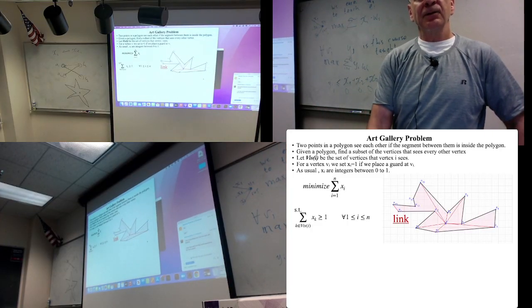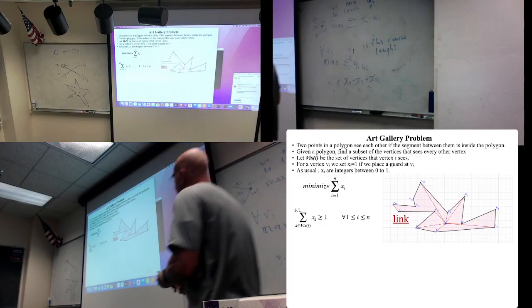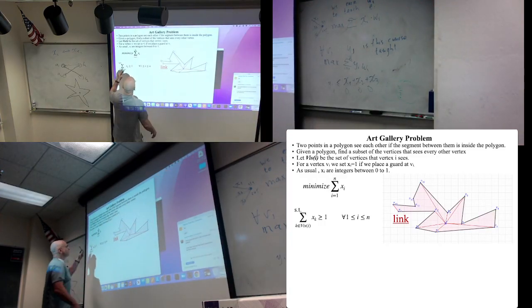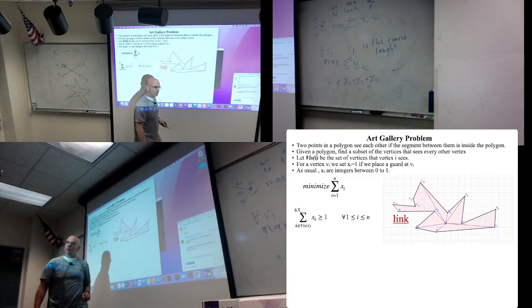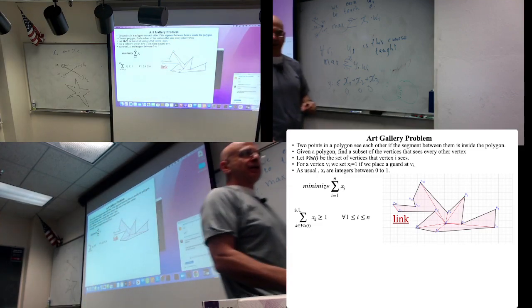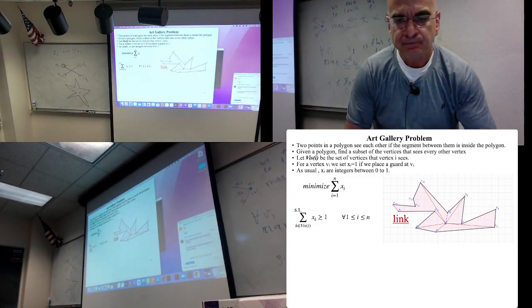So what are my constraints here? I think that by now you start to get the drill. I'll first compute for every vertex what is the visibility region of this vertex.